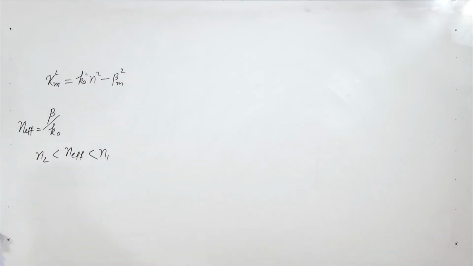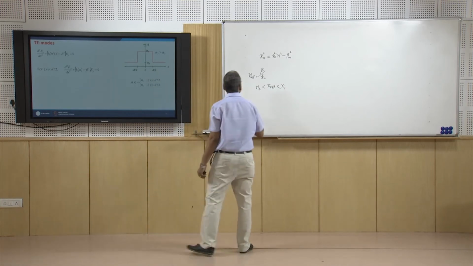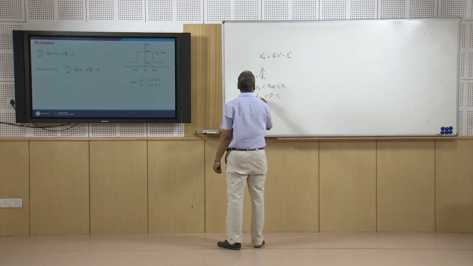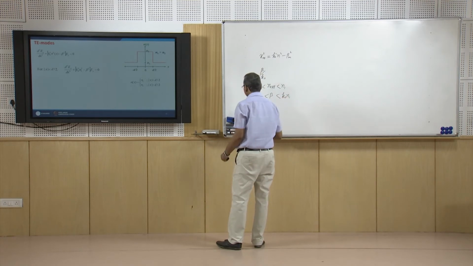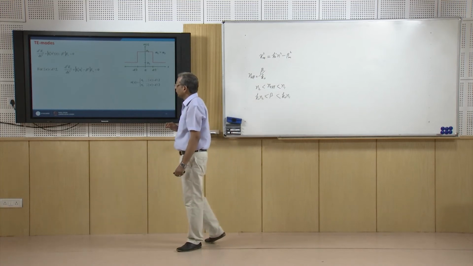For guided modes, n effective would lie between n2 and n1, which means that beta would lie between k naught n2 and k naught n1. So, beta would be greater than k naught n2, while it would be smaller than k naught n1.